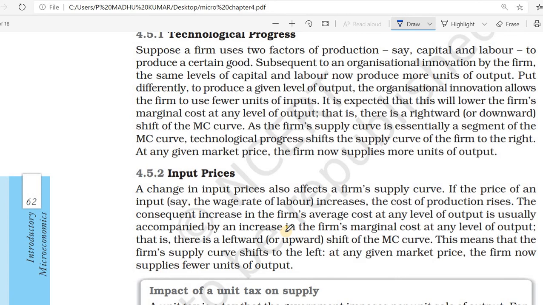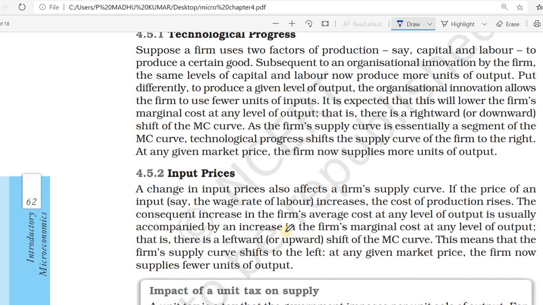We know technology will affect production. Suppose we have two factors of production, capital and labor. If we are using advanced technology in capital, we can produce more quantity and increase the level of output.